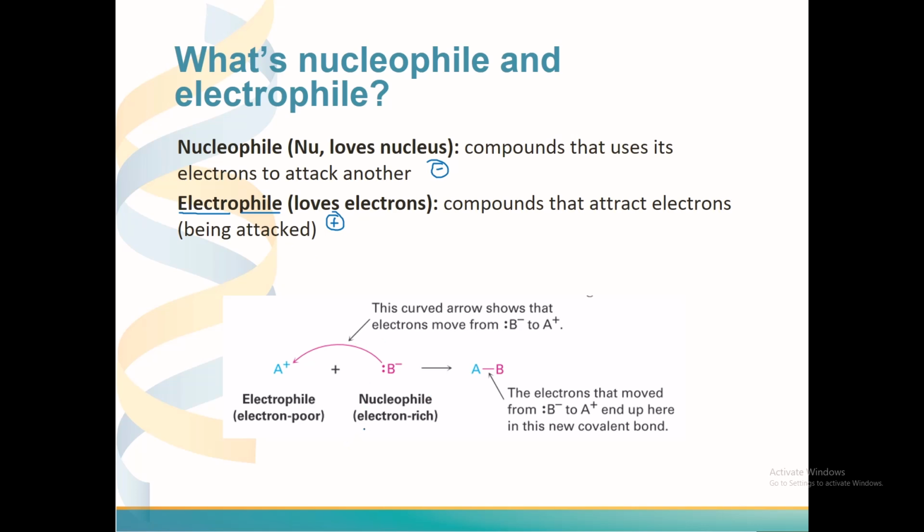You can also get it here that nucleophiles are always electron rich. And the A positive here is the electrophile. It's being attacked, thus it's the electrophile, and it is always electron poor. And then later on, the electrons move from B negative to A positive and end up in this new covalent bond. So the electron is being shared.